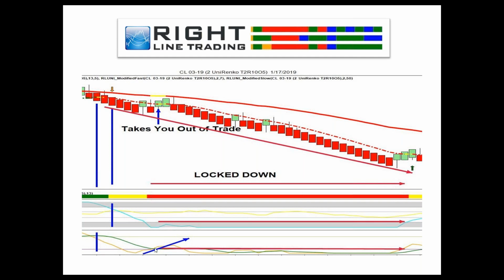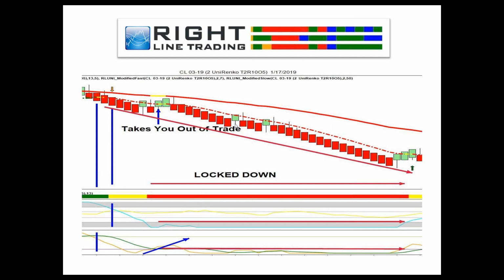You see it comes up above the 20 line right here, you're out of the trade. The Laguerre stays locked short, and it's tracking the fact that there's still significant selling pressure in the market. Because of the way it's been formatted, it's going to put you in the trade all the way down.